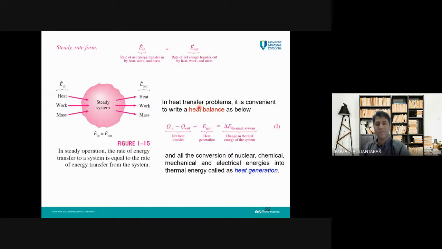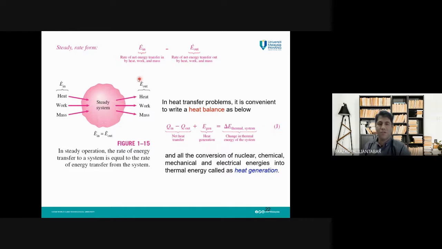In heat transfer problems, we mainly deal with heat transfer, and we usually ignore work and mass, and we are only interested in the heat. If we write the energy balance equation, E dot in and E dot out, and bring out the heat from that equation, we can write like this.